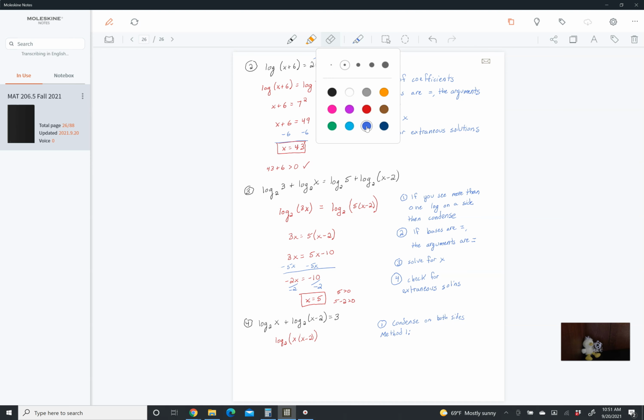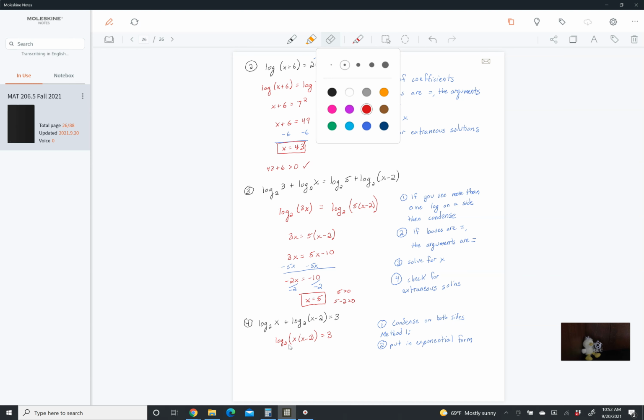The first thing that you can do is put it in exponential form from here. So remember, the base of the log is equal to the base of the exponential.